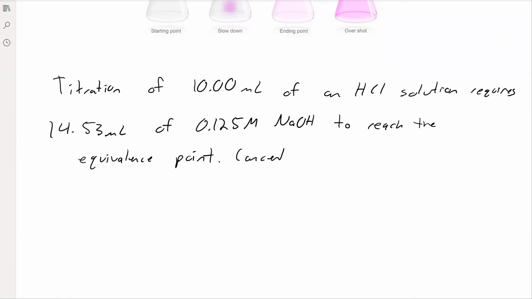What is the concentration of the HCl? And this is generally given in molarity.